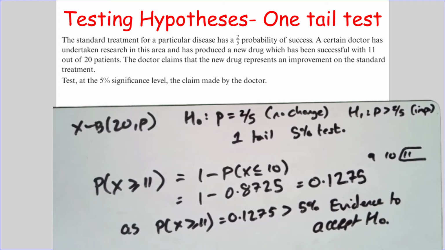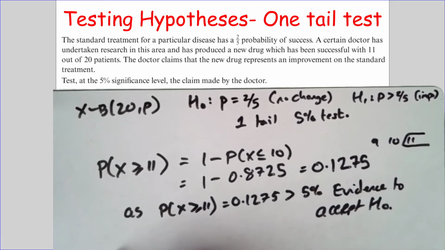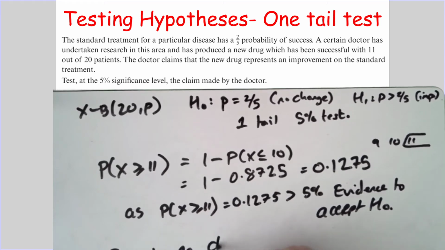Because this probability is bigger than 5%, we're going to stick to H0, which is probably there's been no change. Because this probability is bigger than our 5% threshold for saying nope, don't believe that happened. So this suggests no change in success.